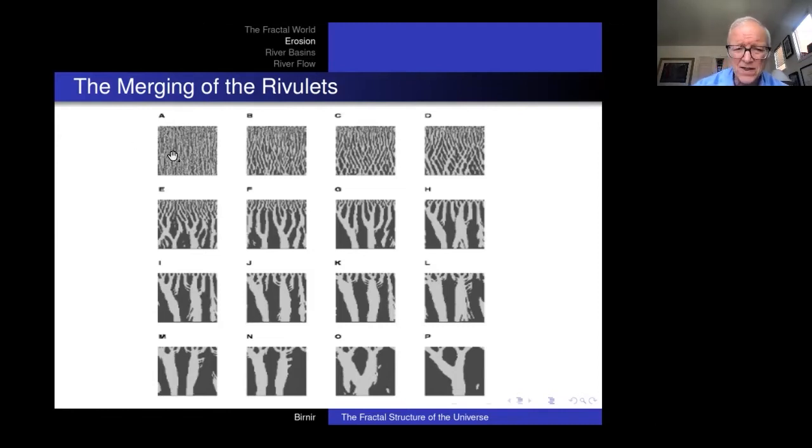And what happens is that you get these small streams, and then the streams unite towards the bottom of the mountain, and they begin to make little rivers, and the rivers begin to carve out the mountains.